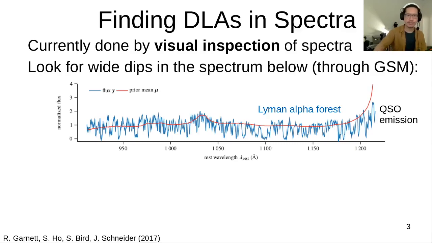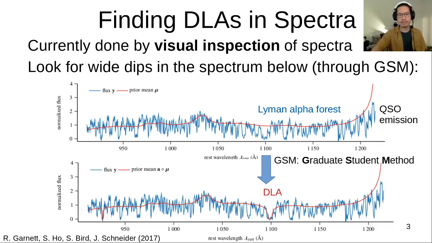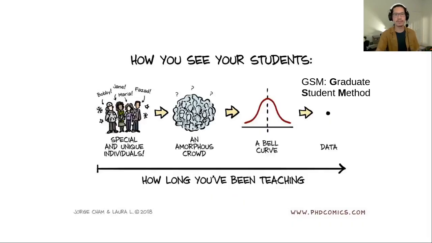And by trained astronomers, I mean graduate students. But in the future, we will have millions or billions of quasar spectra. This means we won't have enough money or grants to pay students to do visual inspection. So what we can do is automate the detection pipeline with machine learning.